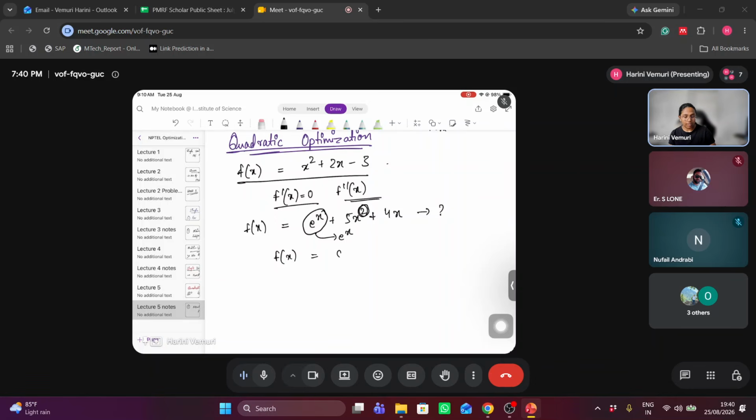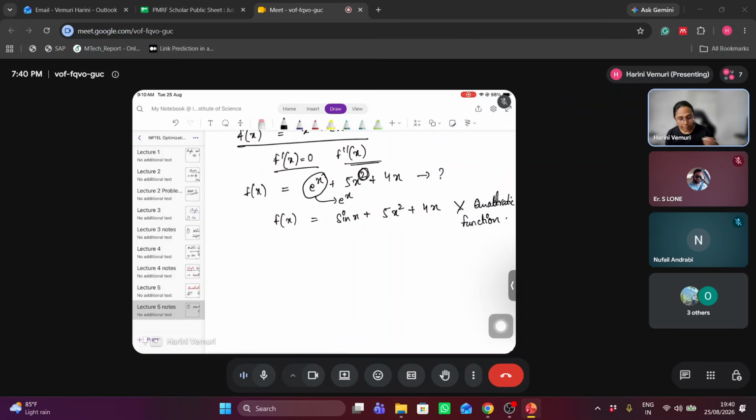Similarly, if you have any trigonometric equations, then also it's not a quadratic function. So in this case, what you can do is quadratic approximation.